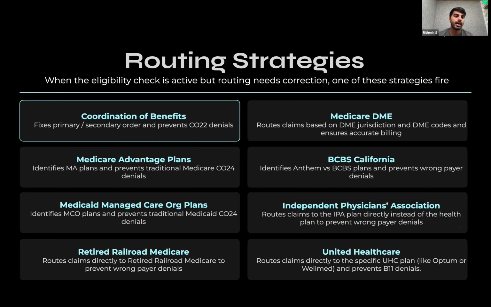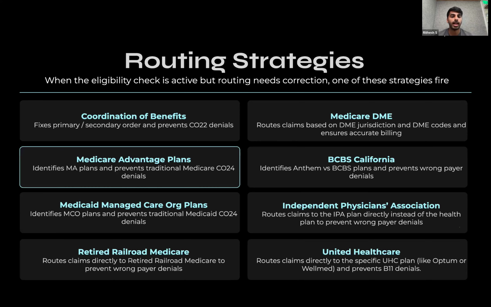We then also have Medicare Advantage plan detection. When we run eligibility checks for traditional Medicare, for instance, we do find signals of Medicare Advantage plans. This would mean that you need to route the claim to the Medicare Advantage plan rather than traditional Medicare, and that prevents CO24 denials.